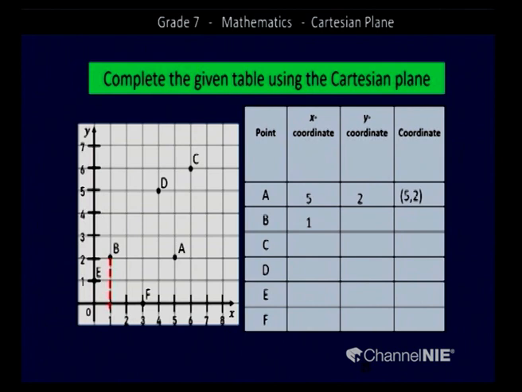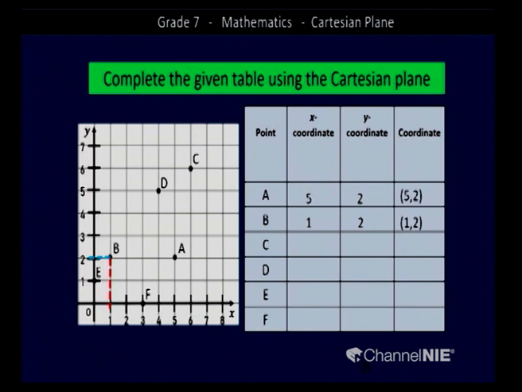So, I will draw a perpendicular from point B to the y axis to get the y coordinate. When I draw the perpendicular, as you can see, it goes to plus 2. Therefore, the y coordinate of point B is equal to plus 2. Right. Therefore, I can write the coordinates of point B as (1, 2). Once again, you have to mention it within brackets.